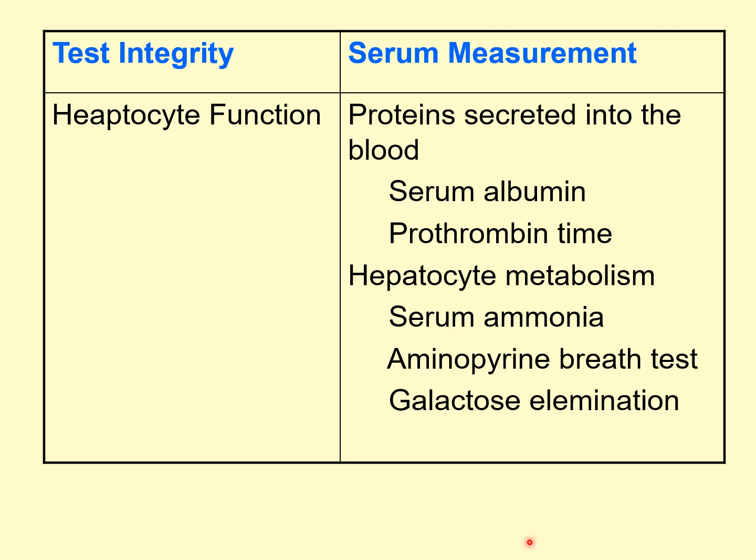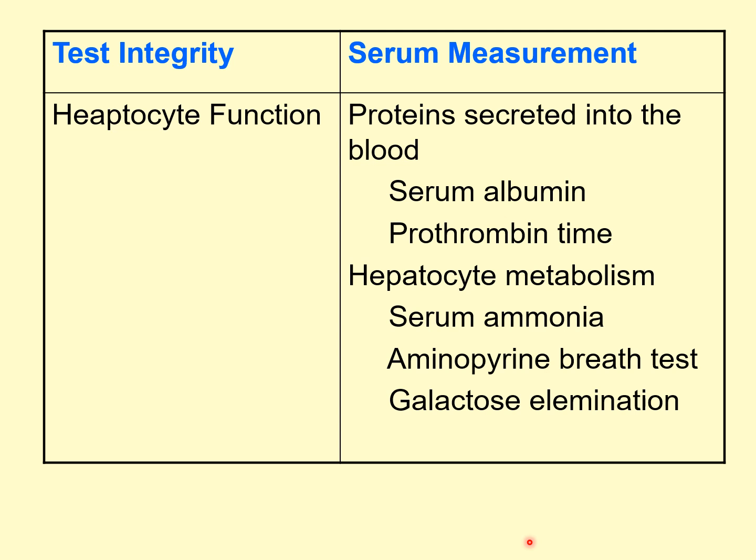Many of the clotting factors are formed here in the liver, so these are tested by the prothrombin time. The prothrombin time and partial prothrombin time will increase in hepatocellular disease. If hepatocytic injury is there and hepatocyte function is not proper, then the prothrombin time will be increased.